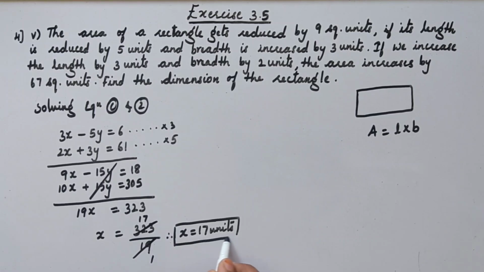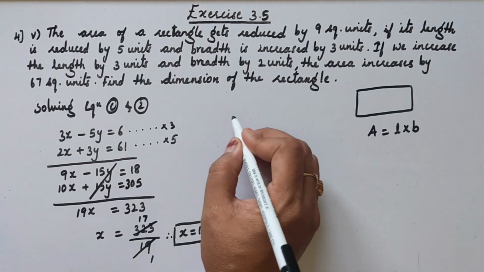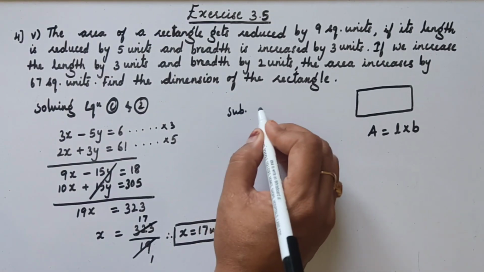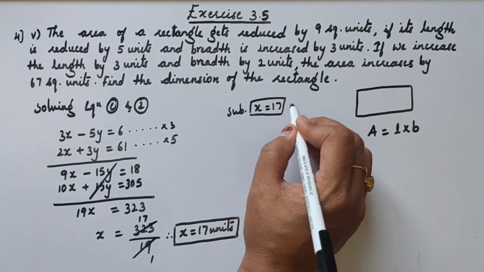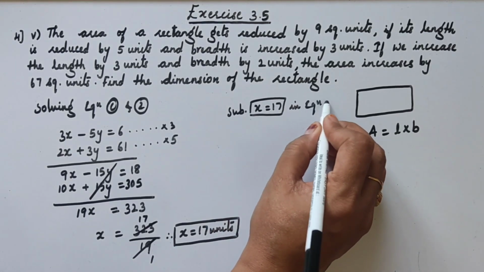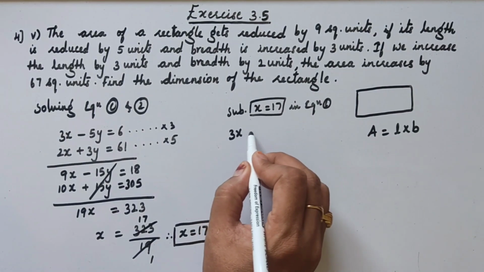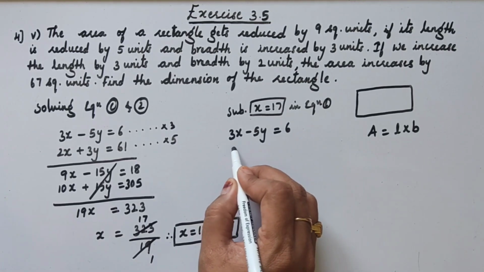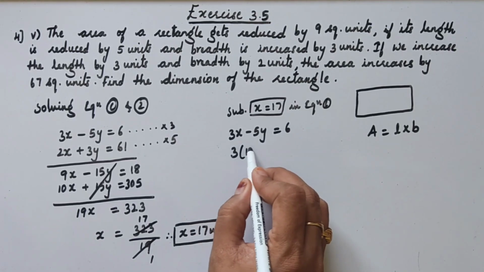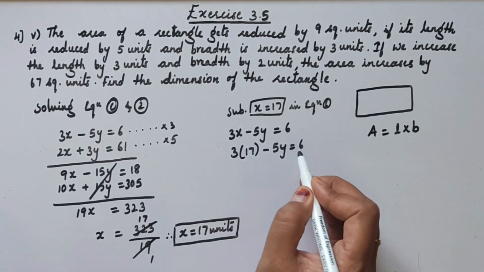Now the value of x I am going to substitute in either of these two equations, students. So substitute x equal to 17 in equation 1. Here 3x minus 5y equal to 6. So 3 into the x value we know, that is 17, minus 5y equal to 6, students.